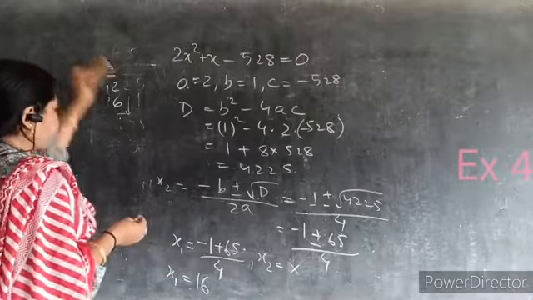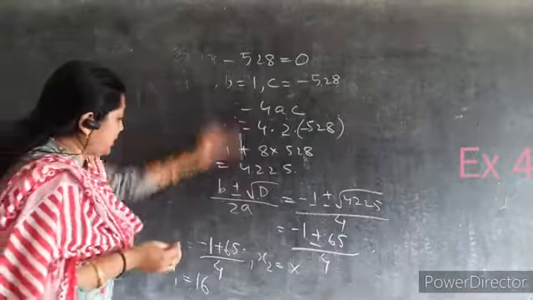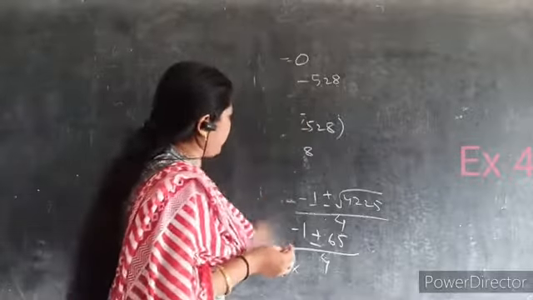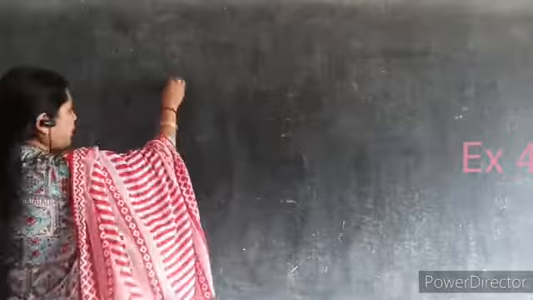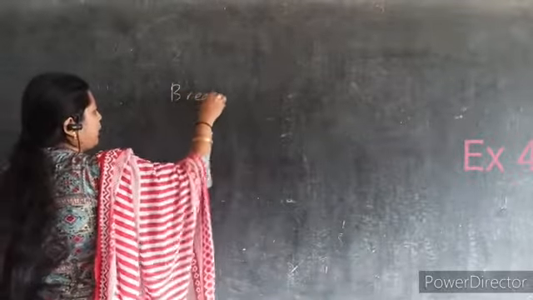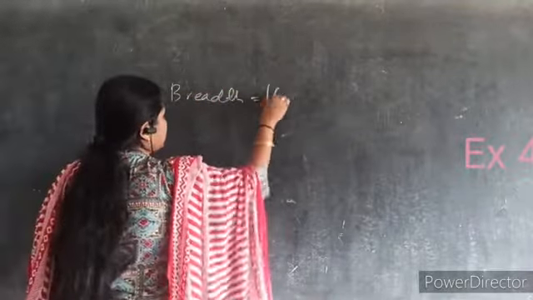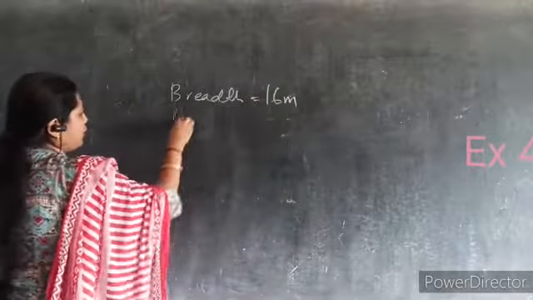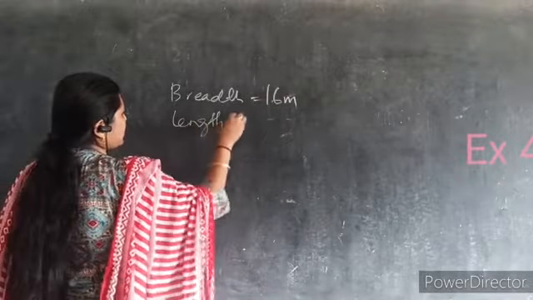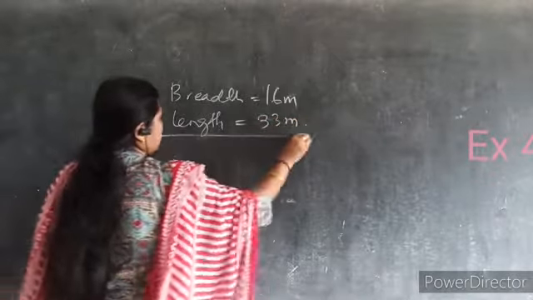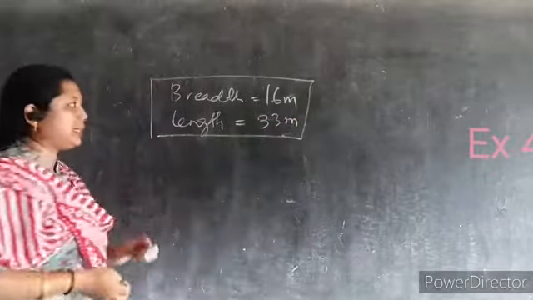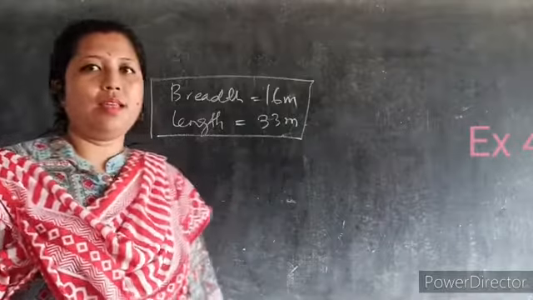Okay, so now since we have considered x for your breadth, isn't it? So therefore we can write here breadth value we are getting how much? 16 meter. Therefore your length will be twice of this plus one more, that is 33 meter. So the answer to this question will be length 33 and what?